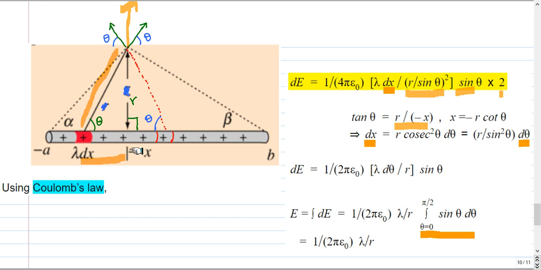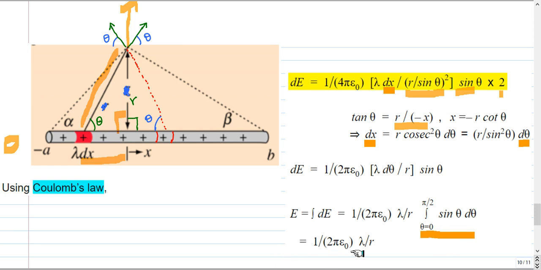Since we are considering a pair of elements, if we cover half this distance, we will cover the entire line charge. At this point the value of theta is 0, and here the value of theta is 90 degrees. So the integration limits of theta will be from 0 to pi by 2 of sin theta, which is 1.